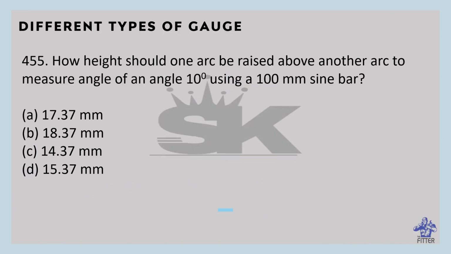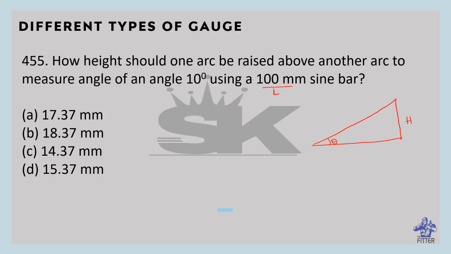How high should one arm be raised above another arm to measure an angle of 10 degrees using a 100 mm sine bar? So length here is 100 mm. This is the length. So by using the trigonometric equation, that is sine theta equals the opposite side, that is here height, over the hypotenuse.